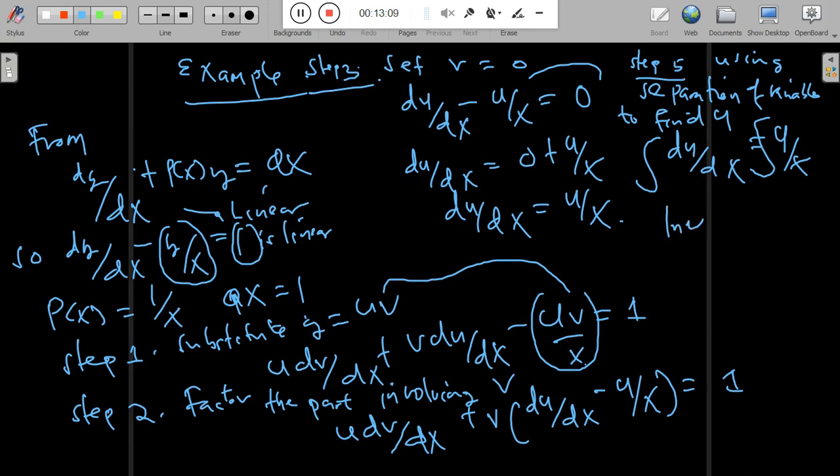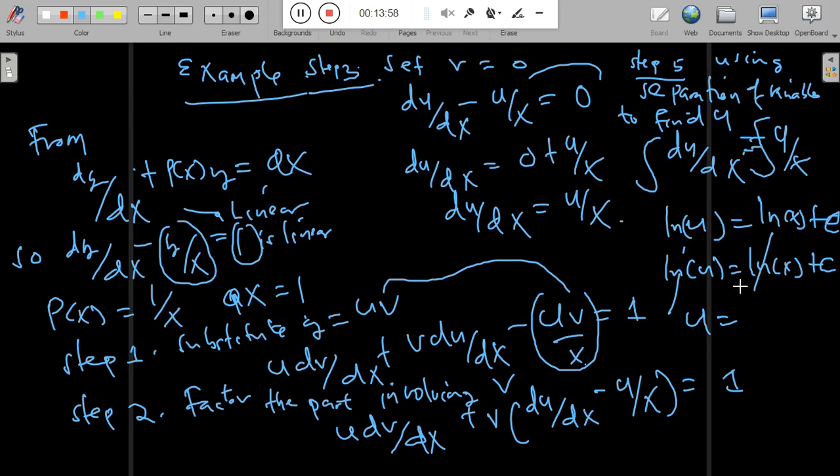So we integrate both sides. When we integrate, it will be ln u is equal to ln x plus a constant c. So ln u will be equal to ln x plus constant c. So we actually divide by ln on both sides.